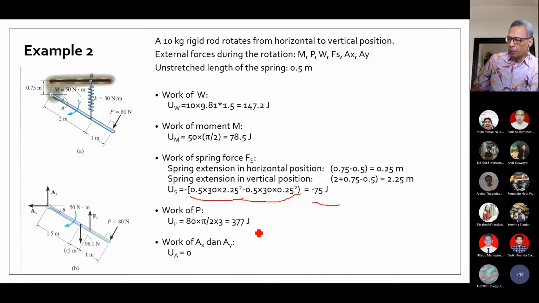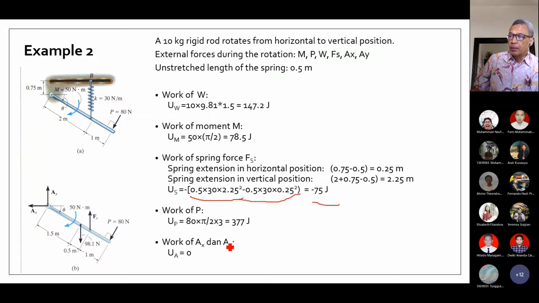This is the work done by the force P. And finally, if we analyze the work done by the reaction forces AX and AY, no displacement occurs at this point, so the position of forces AX and AY is always the same. Then the work done by AX and AY equals 0.